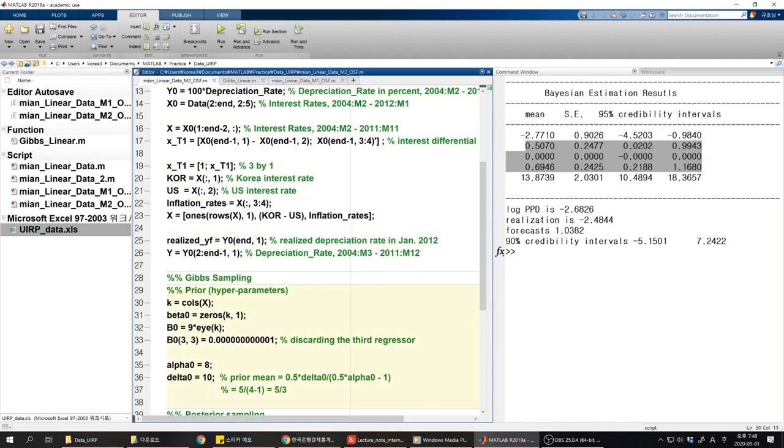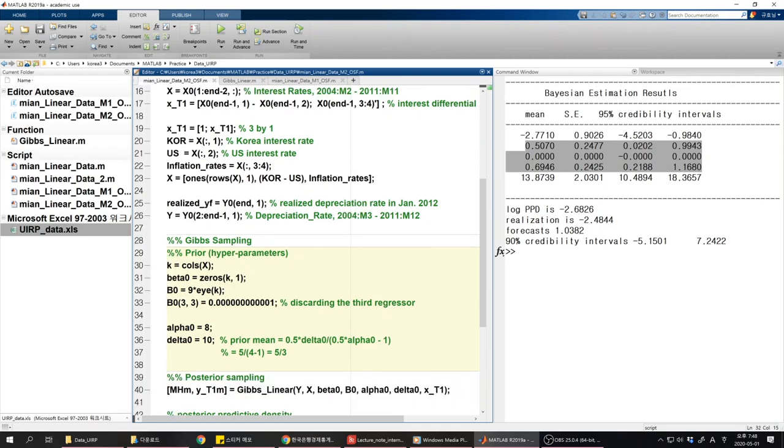This is really computationally expensive and tedious. But what if we have more regressors, like 10 or 12 regressors? It's not easy. It's going to be a lot of work, right? There are too many combinations.